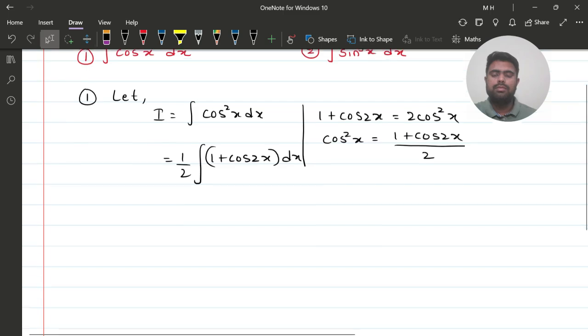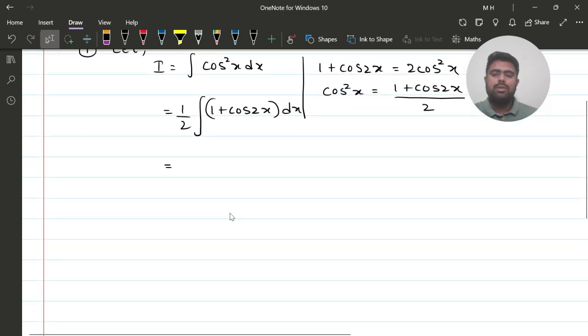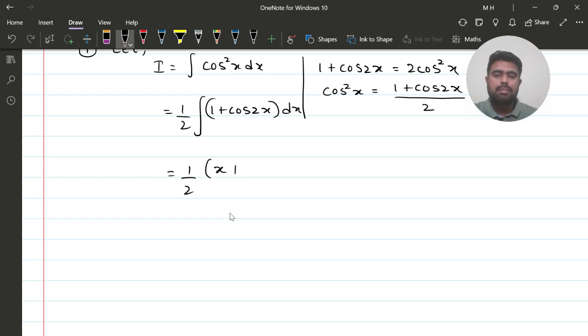This is equal to 1 by 2 times, what is the integral of 1? The integral of 1 is x, plus what is the integral of cos x? The integral of cos x is sin x, of course.